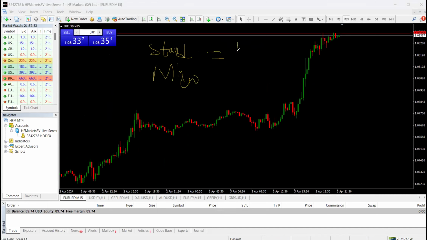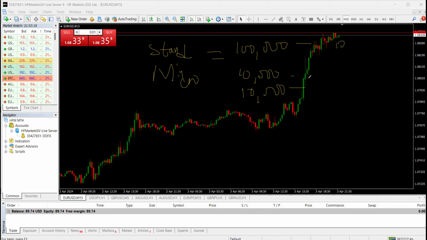Now, one goes with 100,000 units. Another goes with 10,000 units. These are things you should understand carefully, please. And then the last one goes with 1,000 units. So the 1,000 units is called the micro. Now, the 100,000 goes with a standard lot size, 1.0.